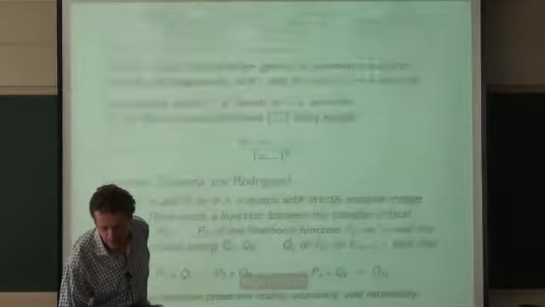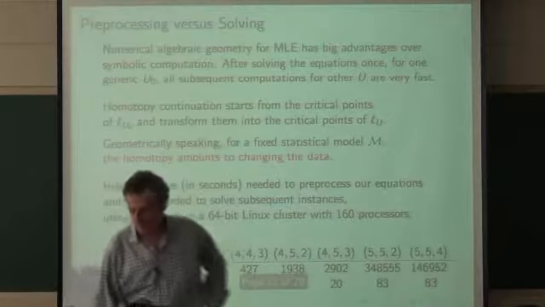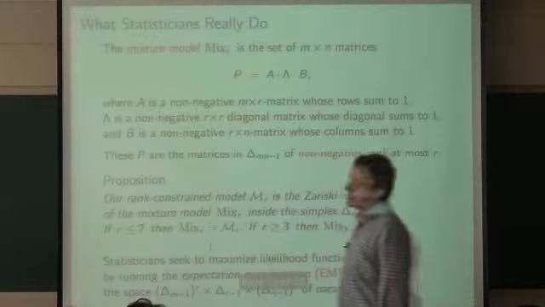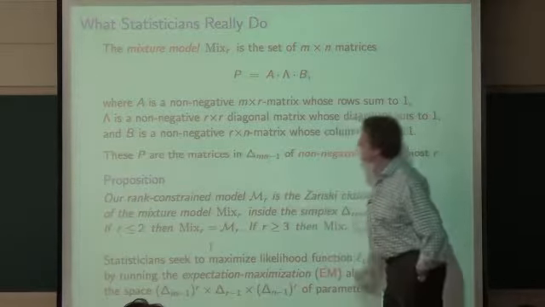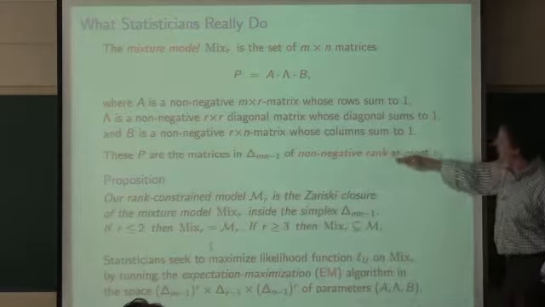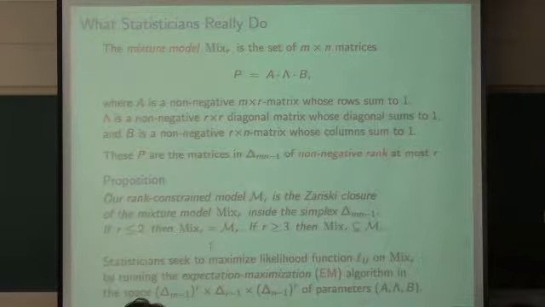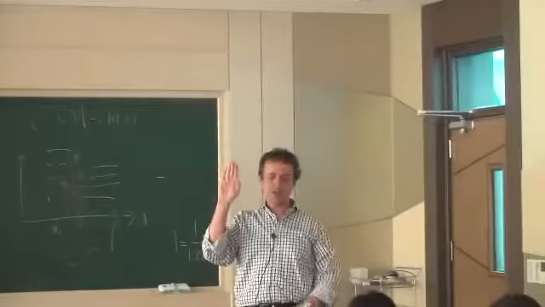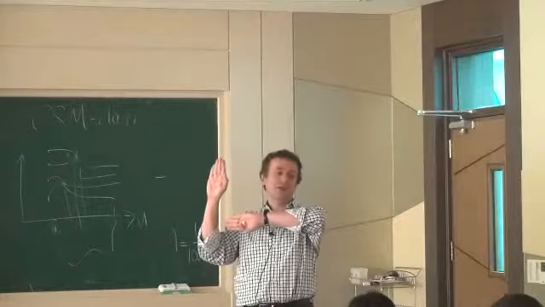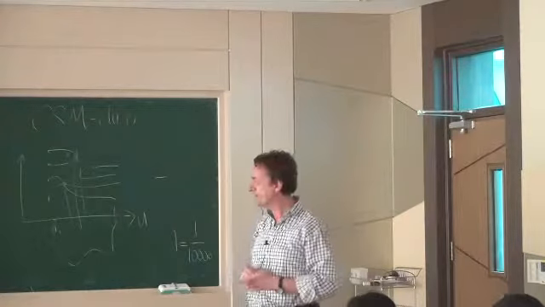So what we're really interested in are the matrices in the simplex of non-negative rank at most R. These are matrices that I can factor as a non-negative matrix with R columns times a non-negative matrix with R rows.